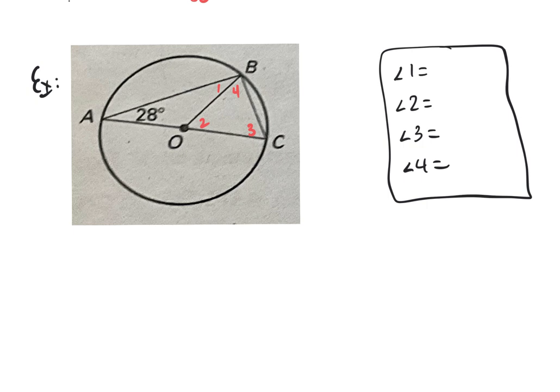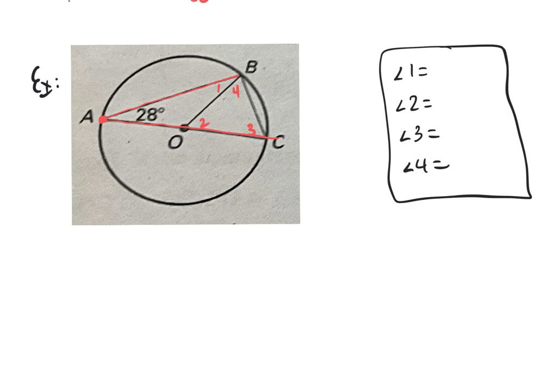Okay, and there's a whole bunch of different places to start, so this isn't the only way you can get there. But here's one. Since the angle located at A is inscribed, the angle at A is formed by this chord to B and this chord to C, right?